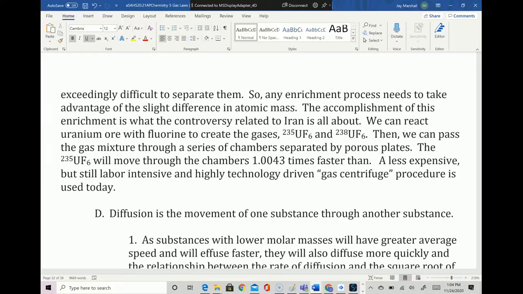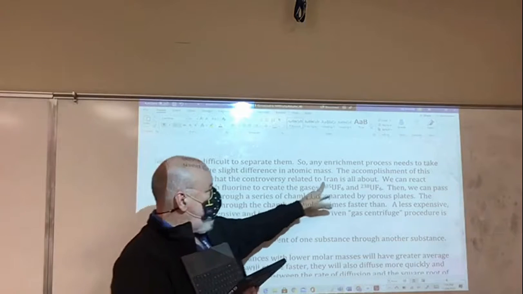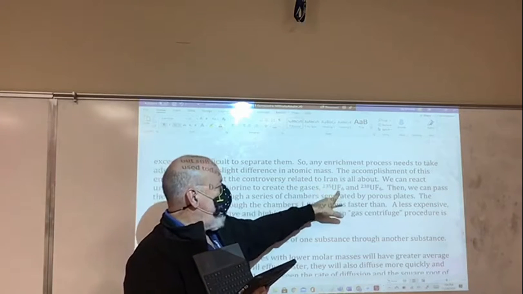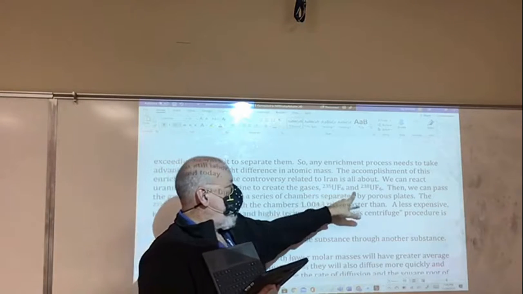We can react uranium ore with fluorine to create gases with uranium-235 and 238. Then we can pass the gas mixture through a series of chambers separated by porous plates. This is the process of effusion, right? And this one should effuse faster because it has lower molar mass, right?